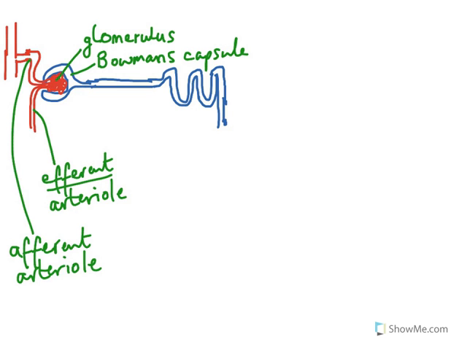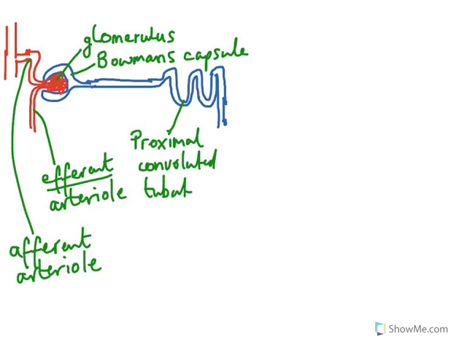What's going to happen here is a certain amount of reabsorption. In fact, to be honest, what happens at the proximal convoluted tubule, I'll just label it here, this windy thing here, the proximal convoluted, is a lot of reabsorption.